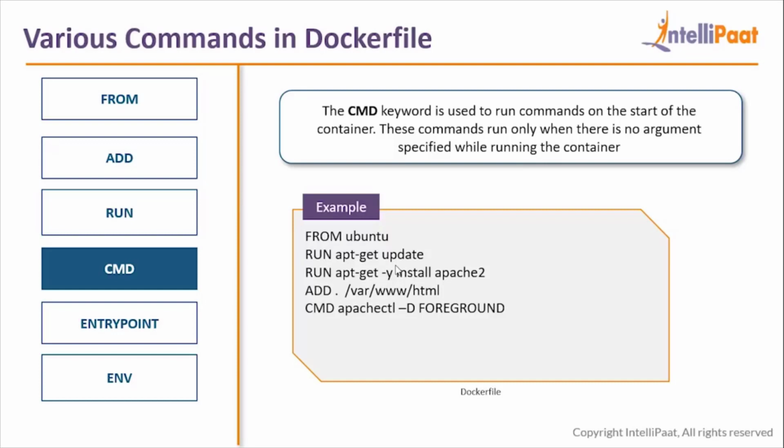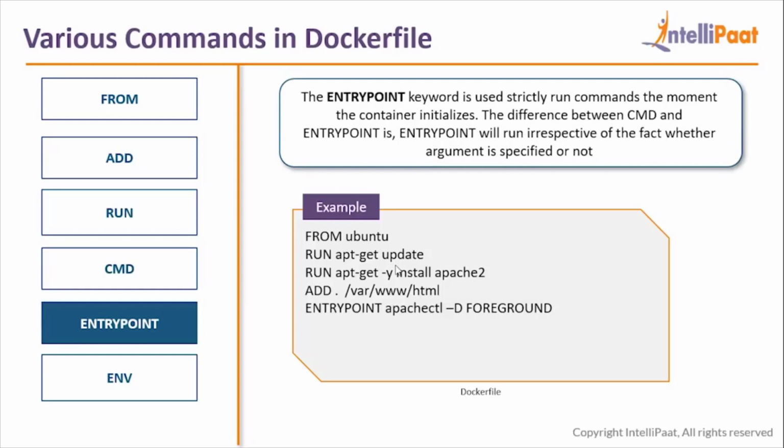So again, I'll repeat it. CMD is used to run commands at the runtime of a container, and they run only when there is no argument specified in the docker run command. If there is no argument specified, the CMD command will run, otherwise it will be skipped from the Dockerfile.